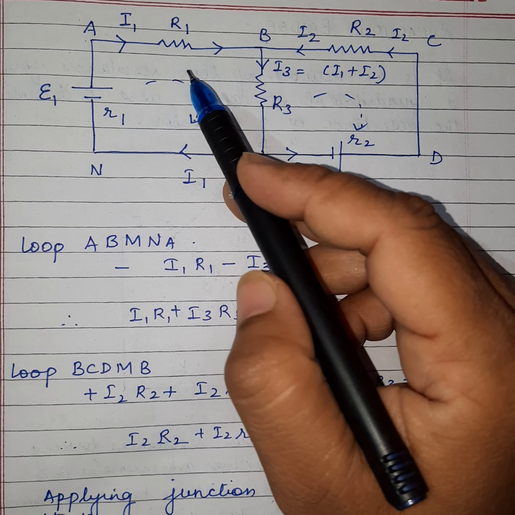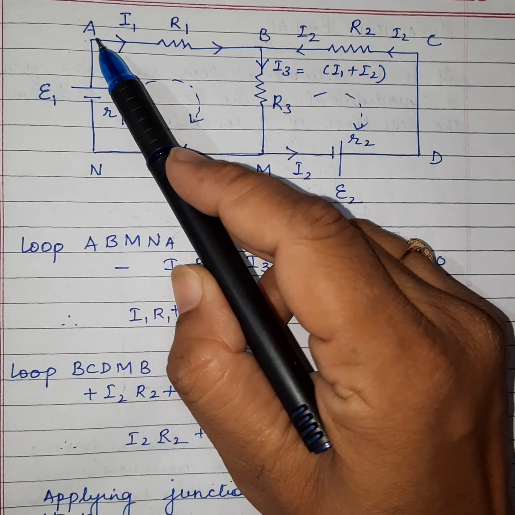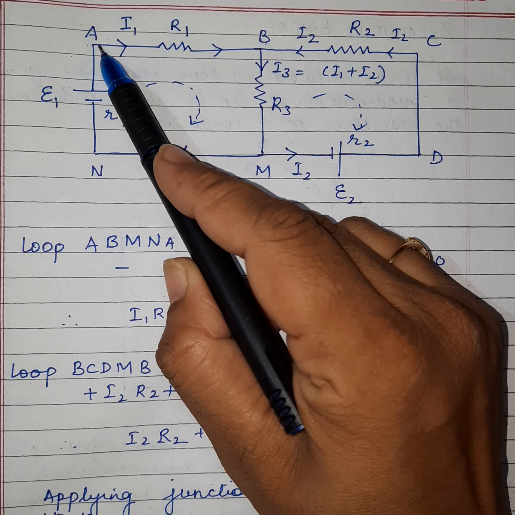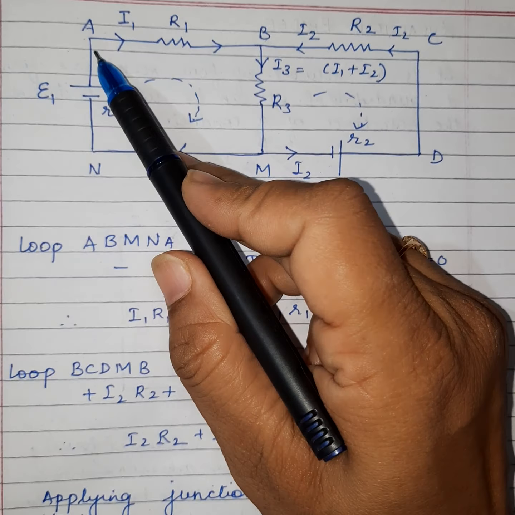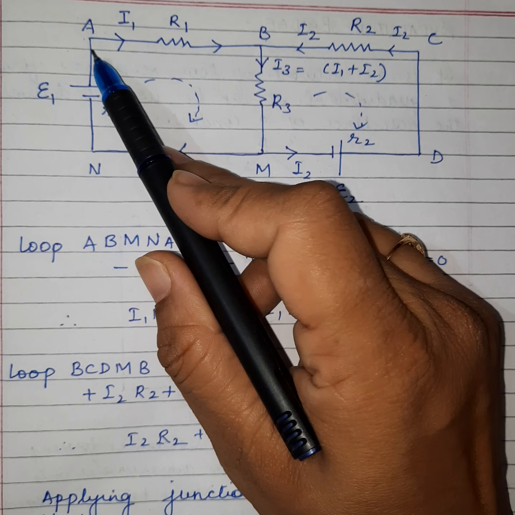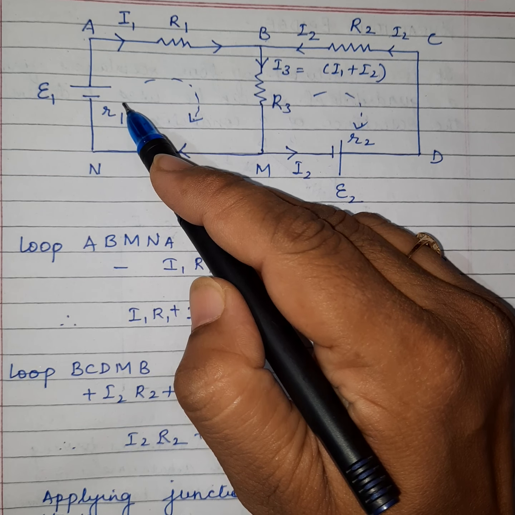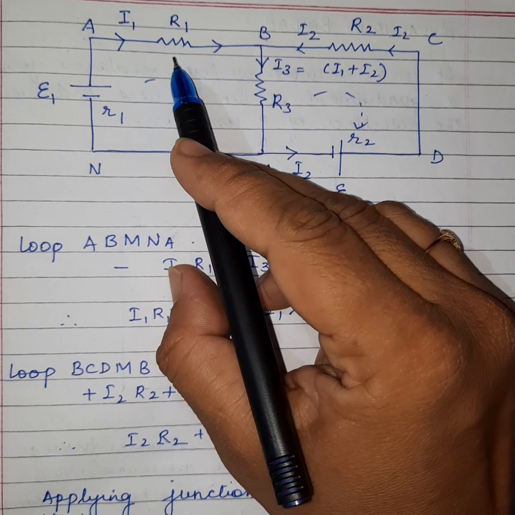In the first loop, we start from A and move along the closed loop to return to the point of start, A, in the direction of current. So the respective resistance product IR is counted negative.